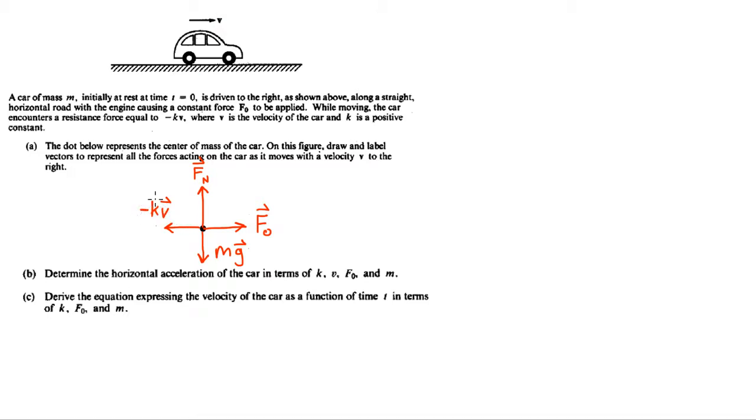Even though on our free body diagrams we just label the vector, if this helps clear things up, the drag force is equal to negative kV, or the resistance force, whatever you want to call it. Anyhow, that's beyond what we need to deal with here.